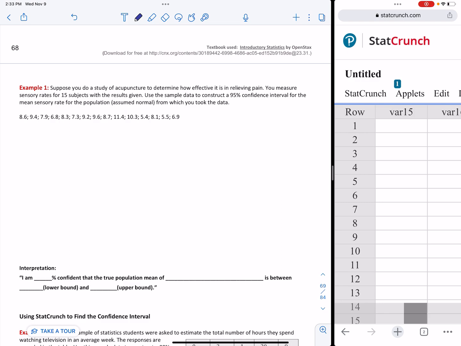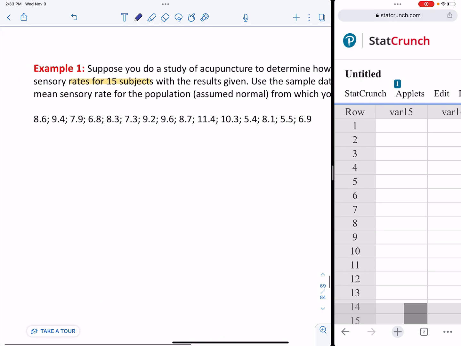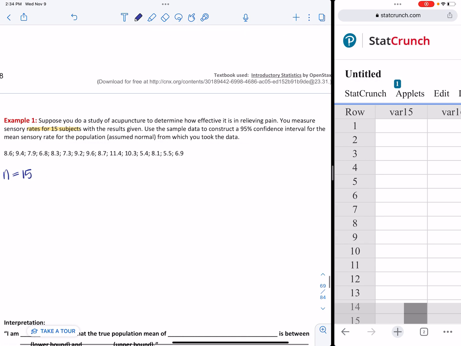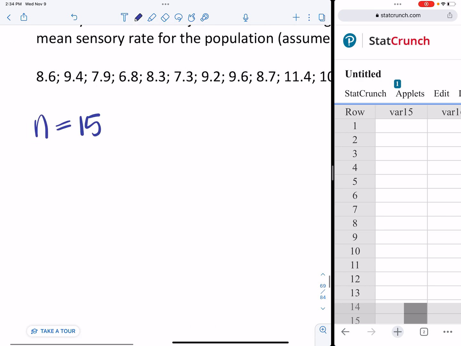Suppose you do a study of acupuncture to determine how effective it is in relieving pain. You measure sensory rates for 15 subjects. Well, right there, I have alarm bells going off in my head, telling me that we already know our sample size. With the results given, use the sample data to construct a 95% confidence interval.